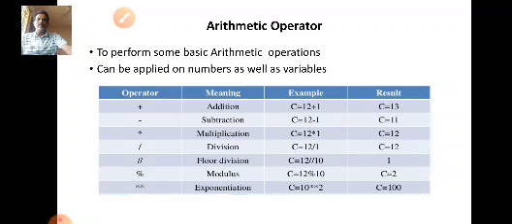Then 12 by 10, floor division, is a special operator in Python programming. Floor division means the quotient: 12 divided by 10, we get 1 point something.